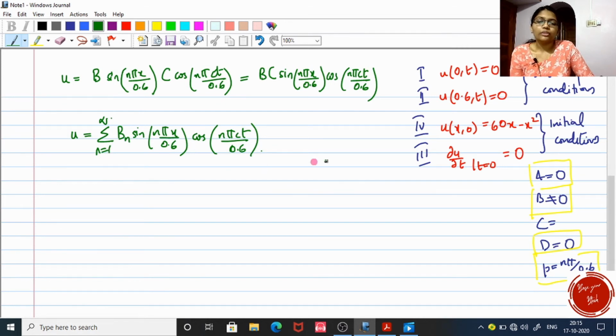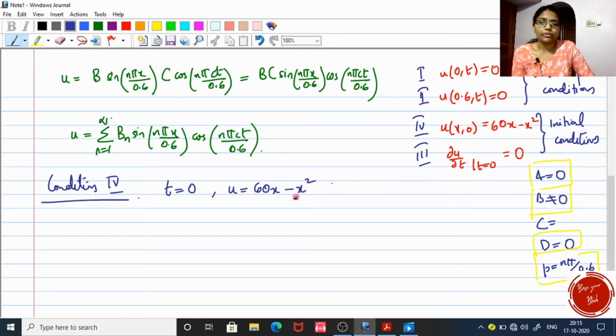Okay. Now it's time to put the condition number 4. What is this condition 4? It says that put t equal to 0, and at that point your u value is going to be 60x minus x square. So both these substitutions must be done to the latest equation. The latest updated equation is u is equal to this thing, isn't it?